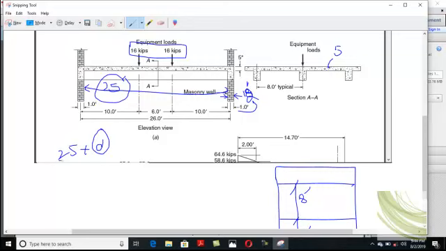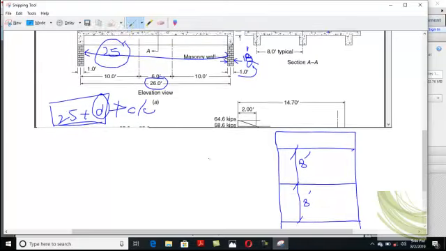Now, this is called span length, but it must not be more than the center to center distance between the supports. The center to center distance is 26 feet. So if you add these two, 25 plus effective depth, it must not exceed 26 feet.